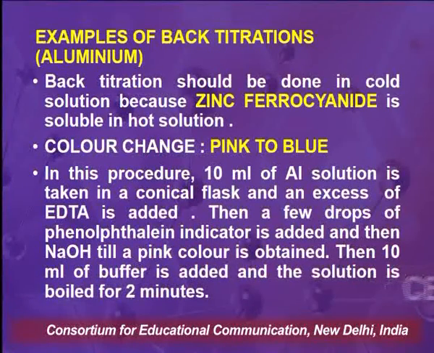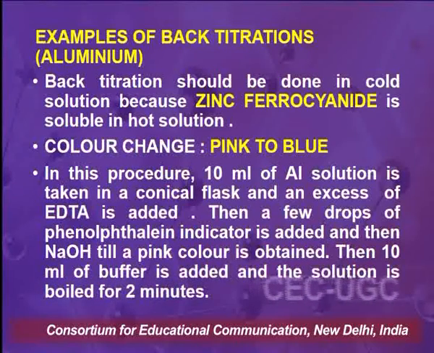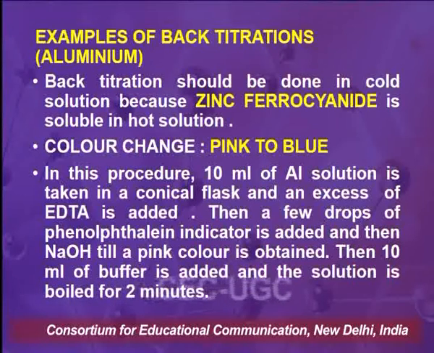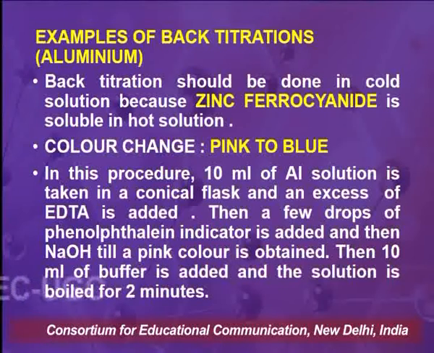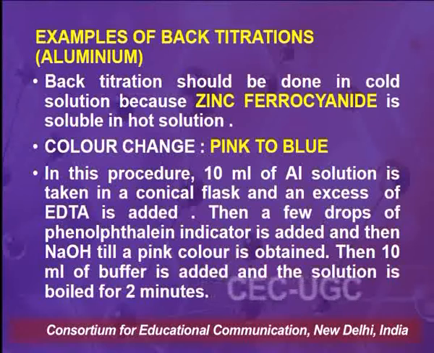The reason for adding phenolphthalein is that upon adding NaOH, we will come to know how much of the solution has been utilized, and just one drop in excess will result in the color change of the phenolphthalein indicator to pink, as is evident in case of acid base titrations. As we know, phenolphthalein is pink in basic medium and colorless in acidic medium.